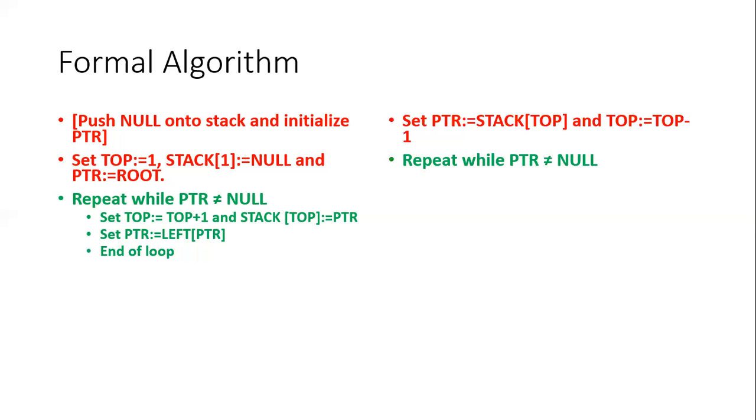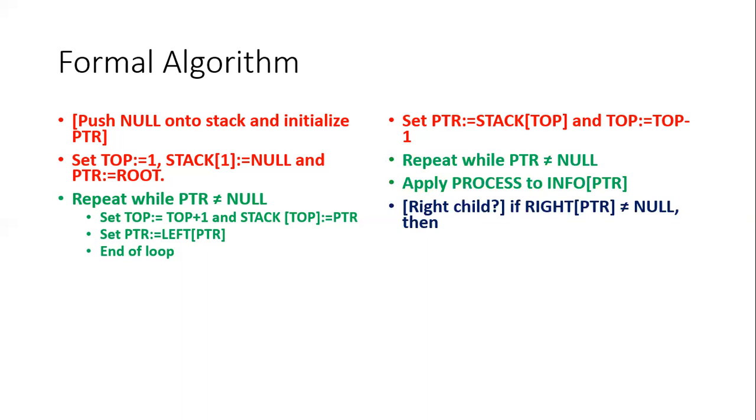And next, once we point out, we need to check whether there is any right child. First we apply the process, and after we apply the process, we check for the right child. If there is a right child, then it will push it onto the stack and continue to progress the left subtree.